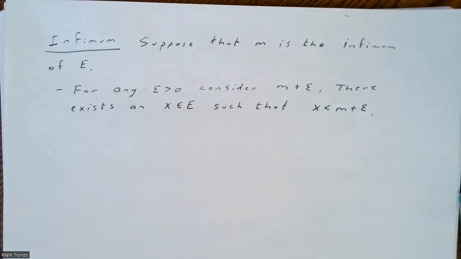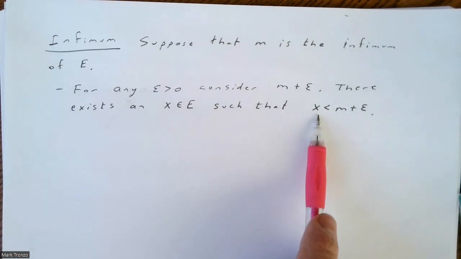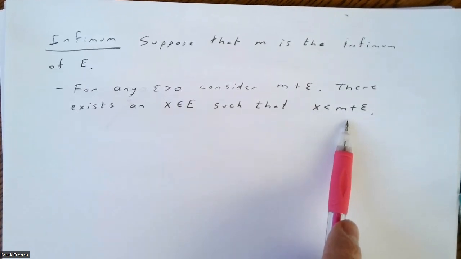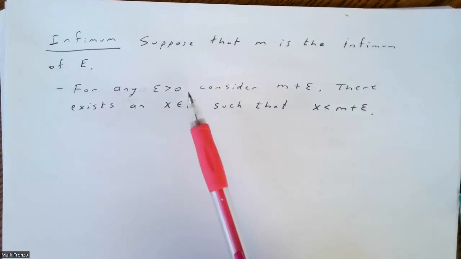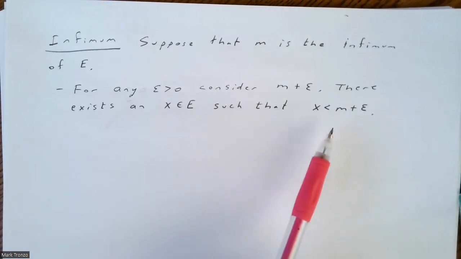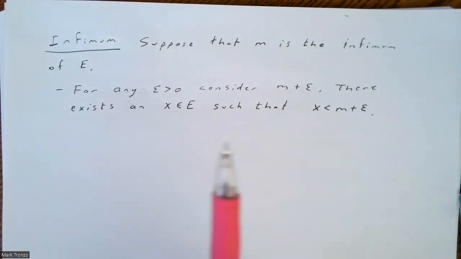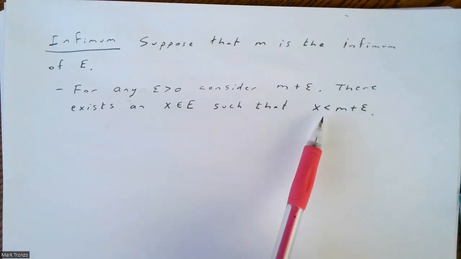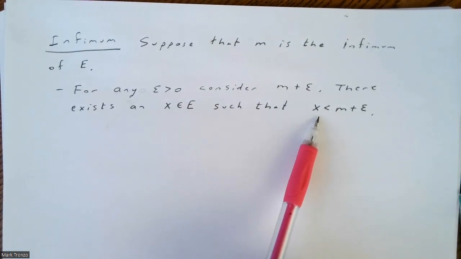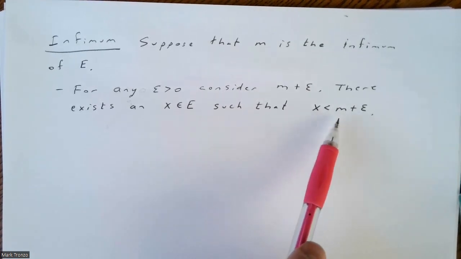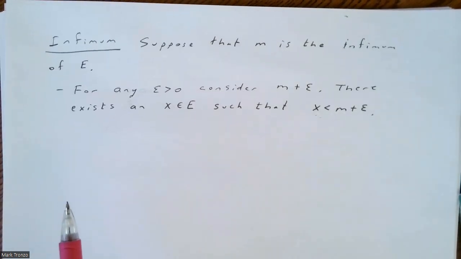So in other words, if you have the infimum, and if you add any tiny bit to that infimum, 0.00001, how many zeros you want to add on, there's always going to be something in the set that's less than that. Now, if the set has a minimum, then one of the elements that would be less than that would be the infimum itself, huh?